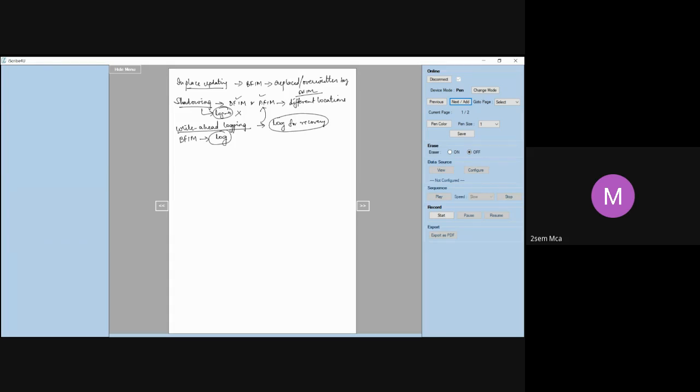You have to ensure that this old value is entered in the system log, and you are actually having this in the disk as well before this value gets updated by the AFIM value. That process we generally call write ahead logging. That means before you replace the BFIM with the AFIM value, you have to make a log entry of the BFIM. That is why you call it write ahead logging.